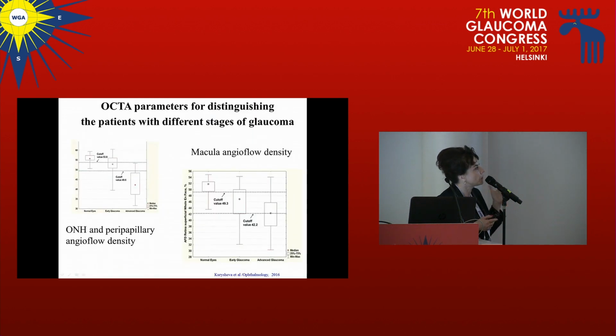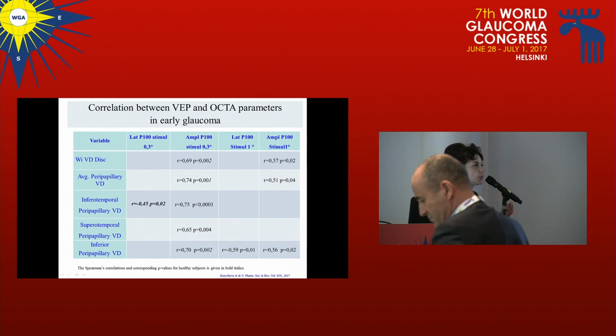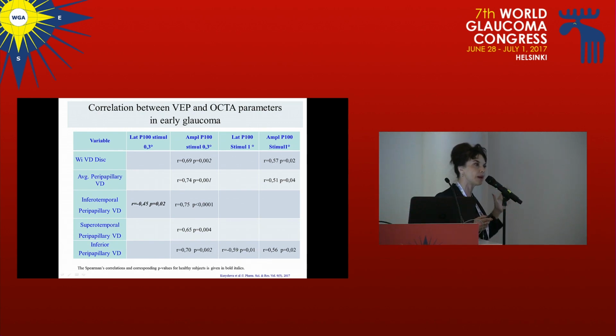We revealed a significant decrease of vessel density both in the macular area and in the optic nerve head and peripapillary retina. In these graphs, you can see the cutoff indexes that we determined in order to discriminate between normal eyes, early glaucoma, and advanced stages of the process. Like other authors, we revealed the link between the reduction of vessel density in the peripapillary retina and functional loss.